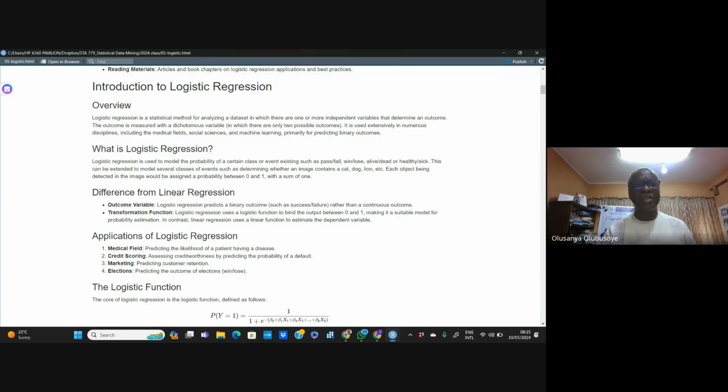As far as the differences between logistic and linear regression are concerned, there are two main differences. One is in the outcome variable. The outcome variable, which is our dependent variable, is a binary outcome.